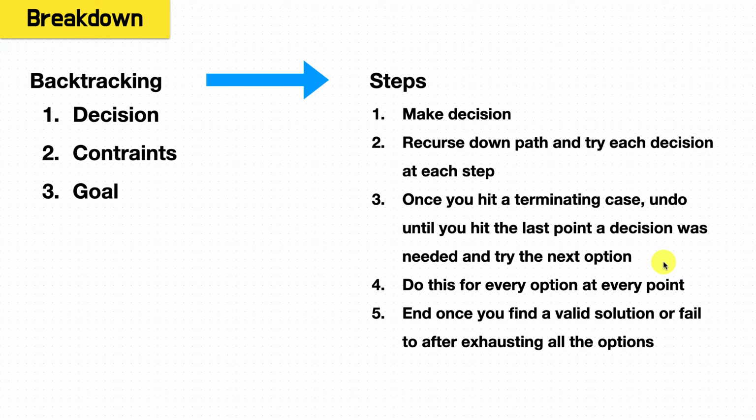So then we unwind to this point, and then we just try the next decision or the next option. We do this for every possible option in the question. And then finally, we're done if we either calculate the solution or we exhaust all the possible choices that we can make.